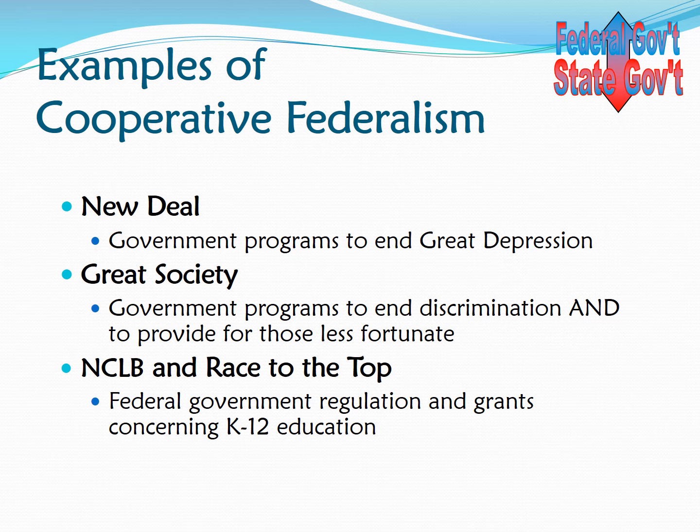And notice finally here, the final example rather, the No Child Left Behind Act and the Race to the Top, which was an Obama-era policy. In both of these instances, we see the federal government inserting itself in the area of education. If you recall, education is one of those powers that's typically reserved for the states, right?